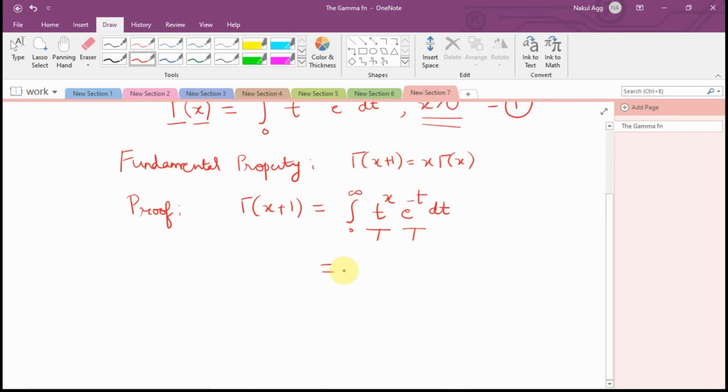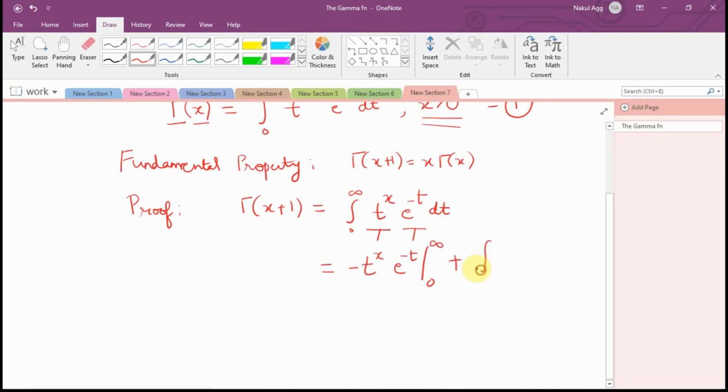So the first term when applying integration by parts is we keep the first function as it is and then we integrate the second function, which is nothing but minus e raised to power minus t, evaluated at the endpoints 0 and infinity. Now this minus sign with the already existing minus sign in front of the second term gives plus.